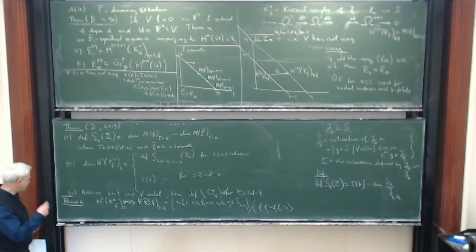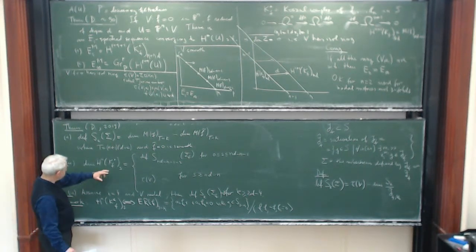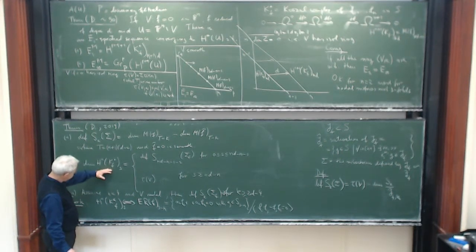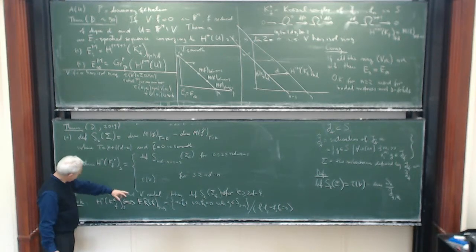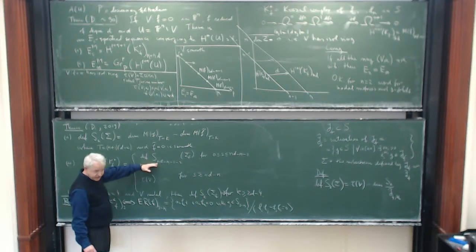And so you see that having vanishing for the syzygies in low degrees means vanishing for the defect in large degrees.